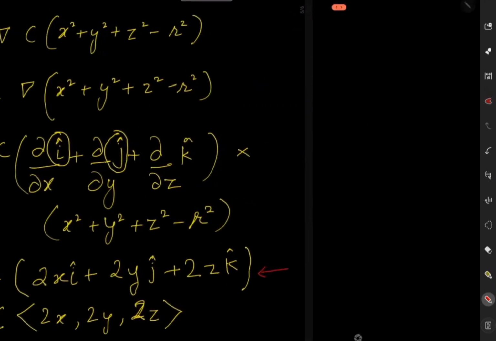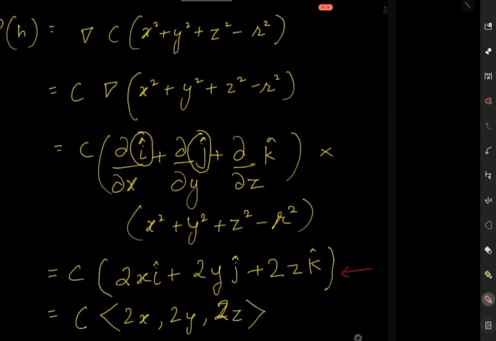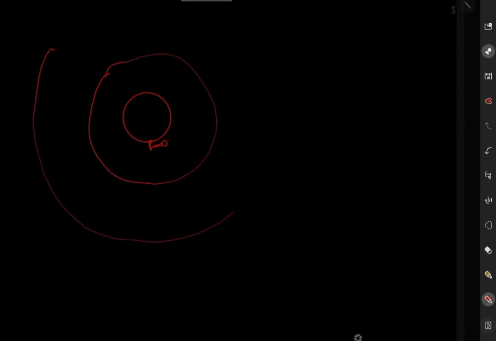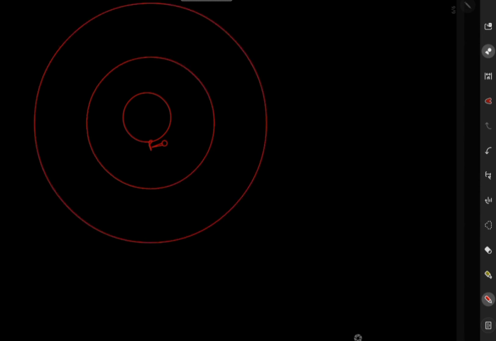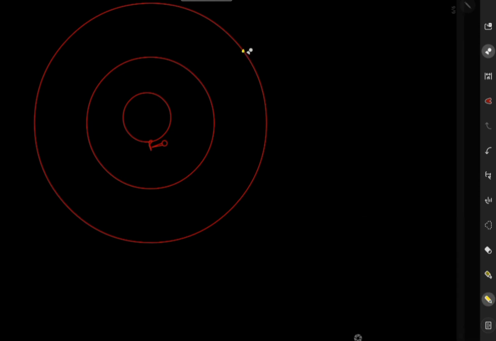So let's understand what this direction, 2x i cap plus 2y j cap plus 2z k cap, is in our example. Here is some coordinate system, x, y.